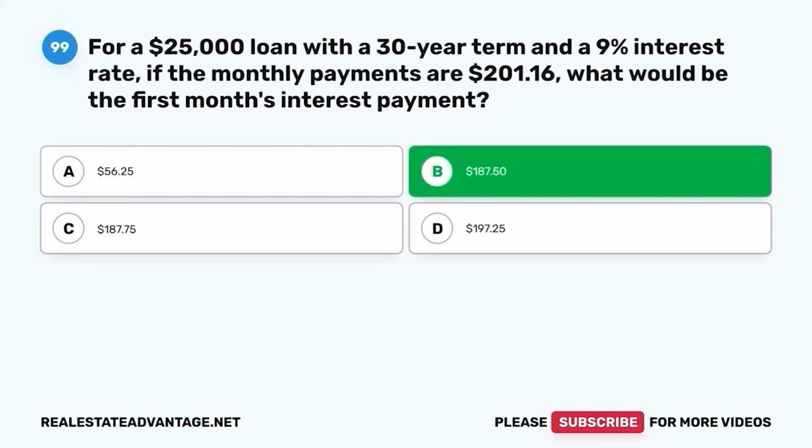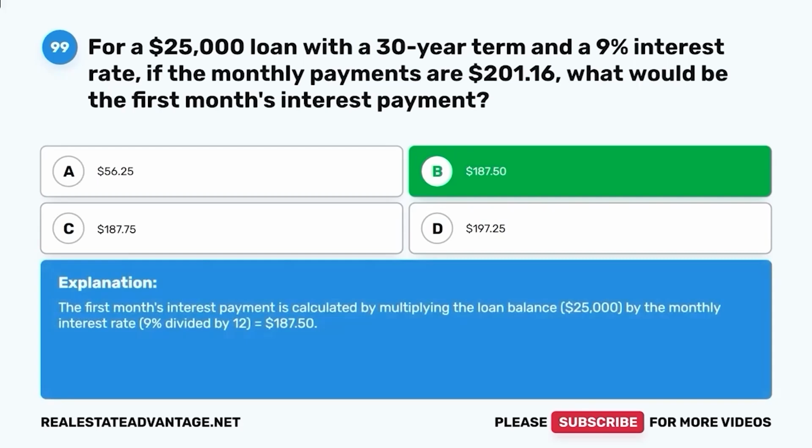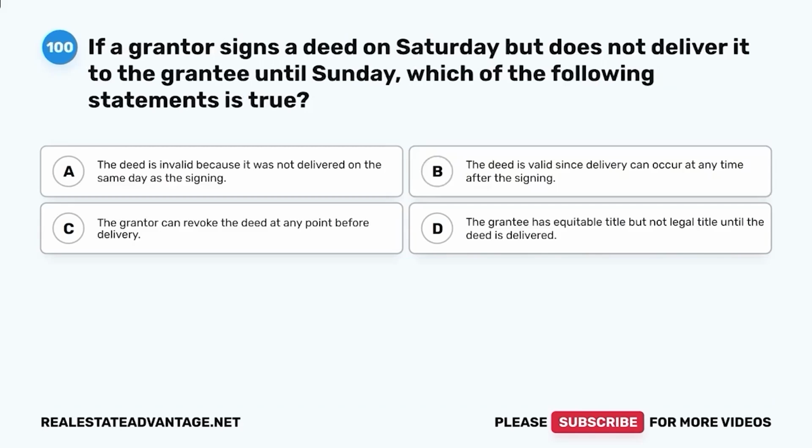The correct answer is B. $187.50. The first month's interest payment is calculated by multiplying the loan balance, $25,000, by the monthly interest rate, 9% divided by 12, equals $187.50.